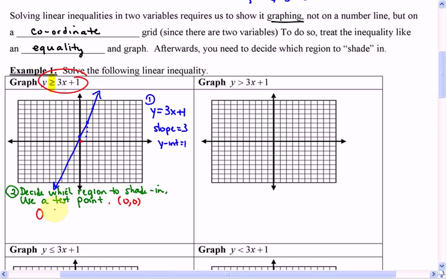So y is 0, greater than or equal to 3 times 0 plus 1. And I want to ask myself, is the result a true statement? Is 0 greater than or equal to 1? In this case, the statement is false. So when it's false, you want to shade in the side not containing the test point.